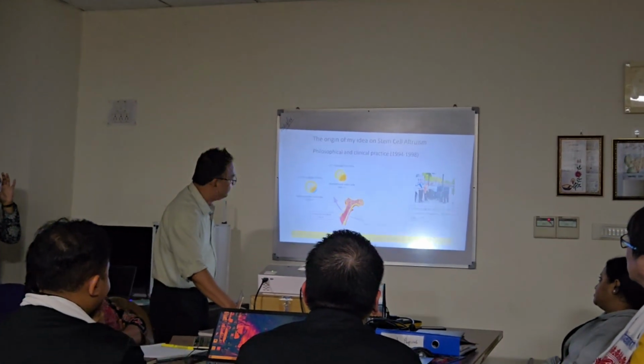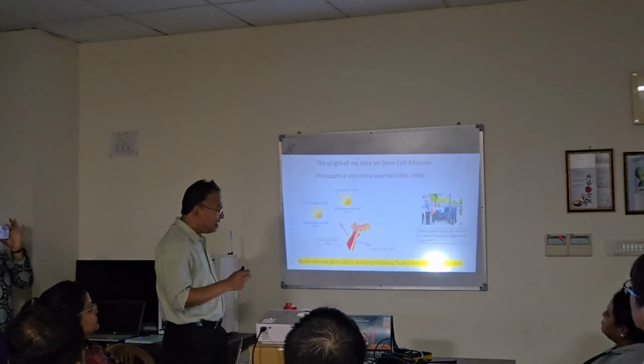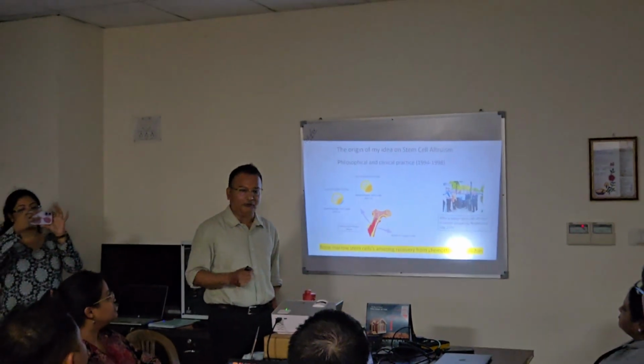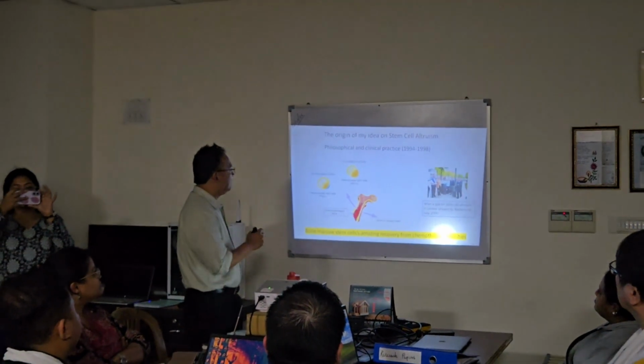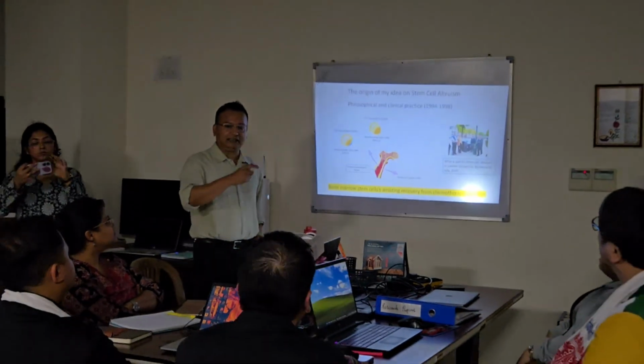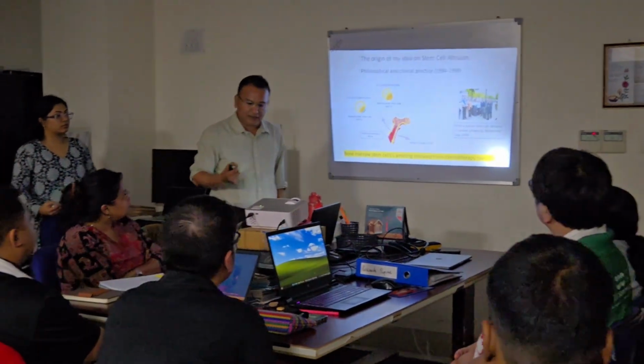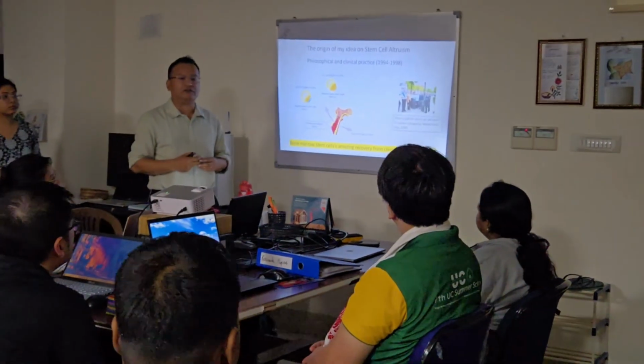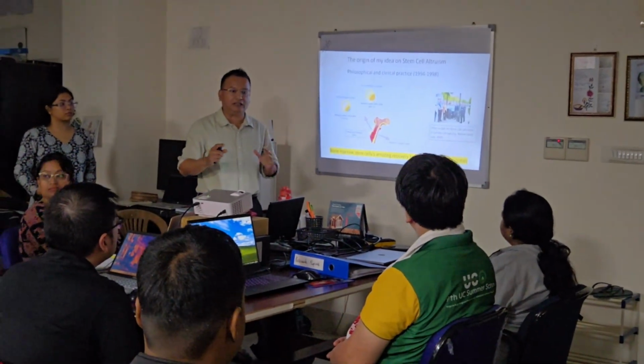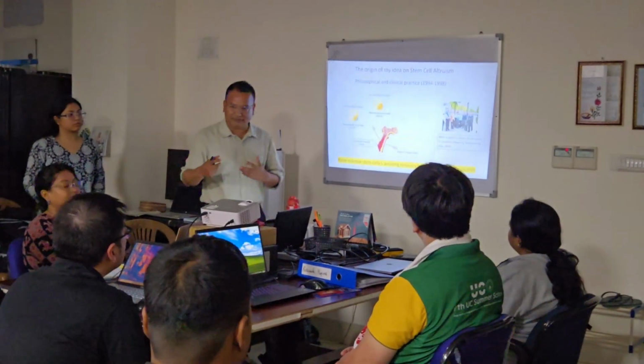In this background, my idea on stem cell altruism evolved from my clinical and philosophical debate. Back in our Hattisatra, where we visited yesterday, with this Vedantic, Buddhist and Hindu group of philosophers, there is a belief in social altruism. I also believe in that.